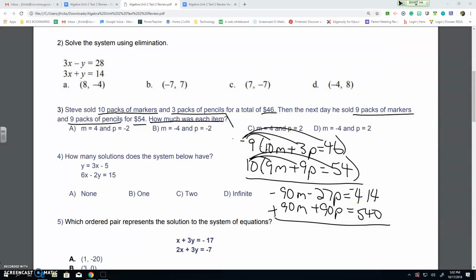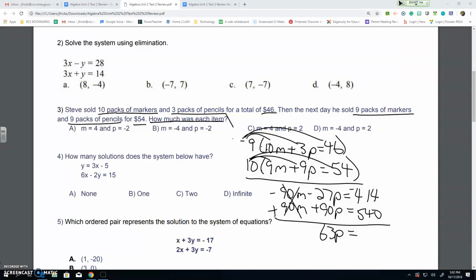So all I'm going to do now is add these two things together. So negative 90 plus 90 cancels. Negative 270 plus 90, that's going to give me 63p. And then that's going to be equal to negative 414 plus 540.